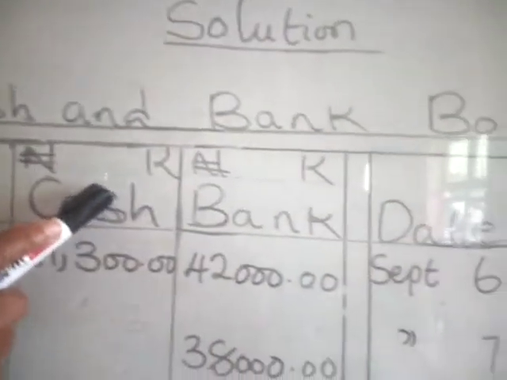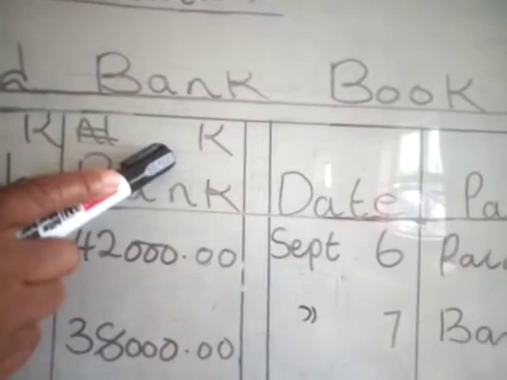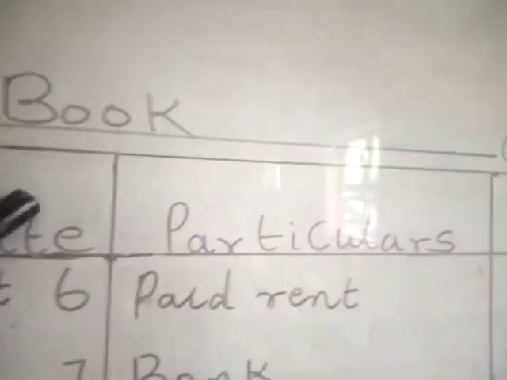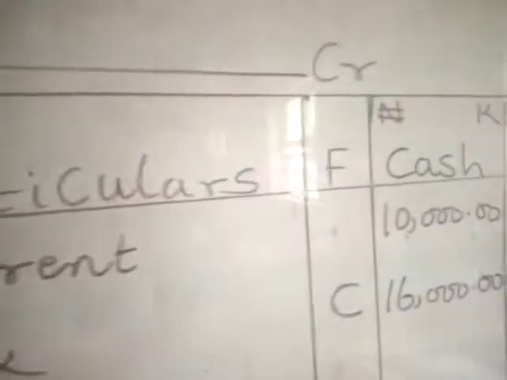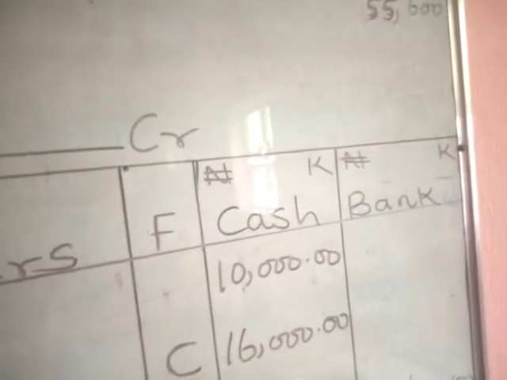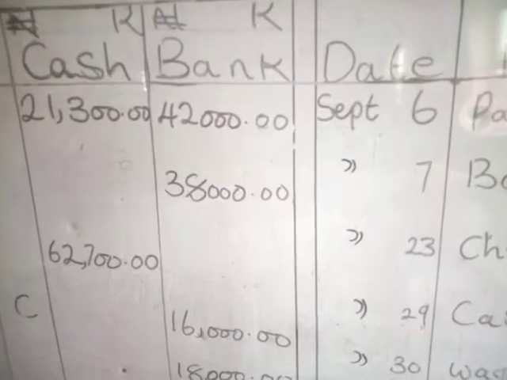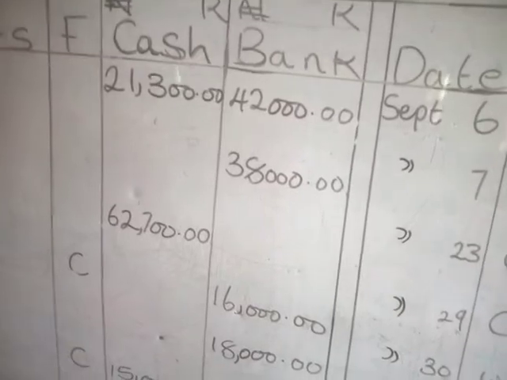We have the date, the particulars, the folio, the cash, and the bank on the debit side. And on the credit side of it, we also have the date, particulars, folio, cash, and bank. And this ruling signifies the separation of the debit and the credit side of the cash book. So now let's start posting.